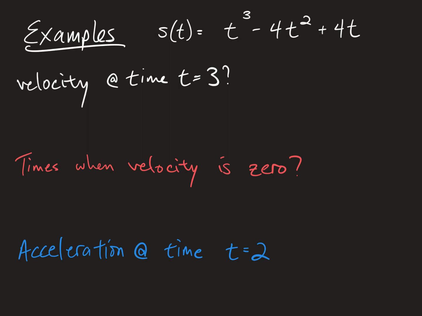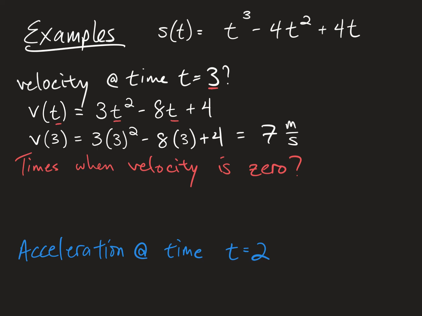So the instantaneous velocity function will be v of t equals 3t squared minus 8t plus 4. And with that, we can substitute the time value of 3 in for t everywhere in this function and simplify to get the instantaneous velocity.